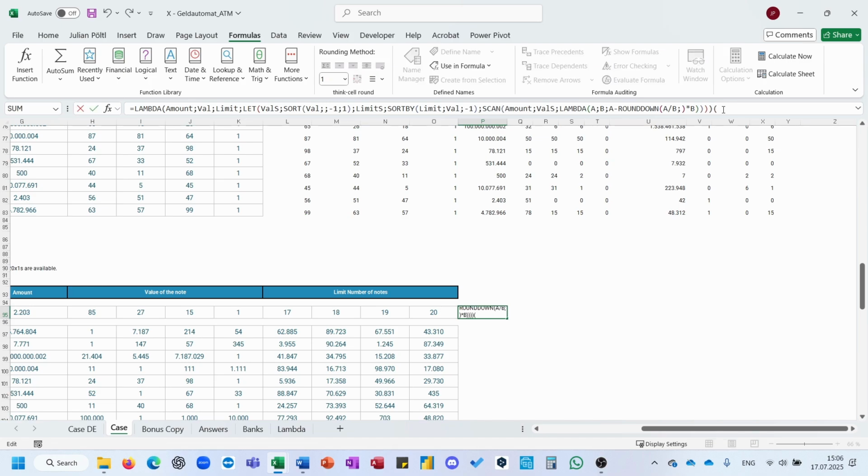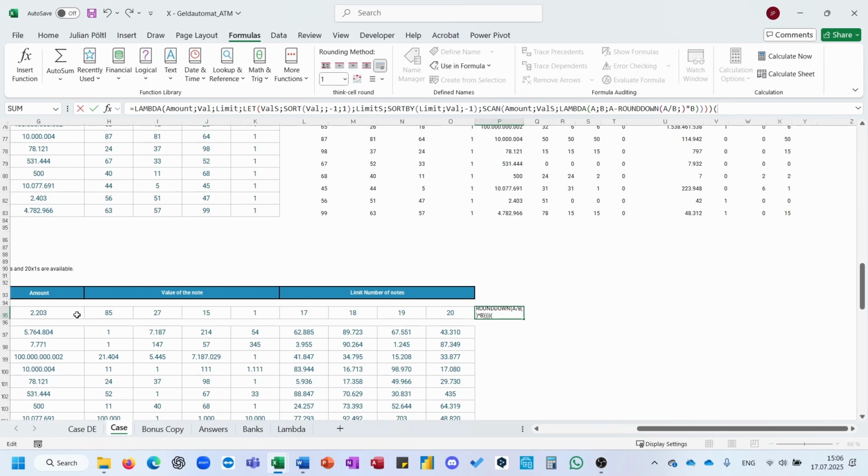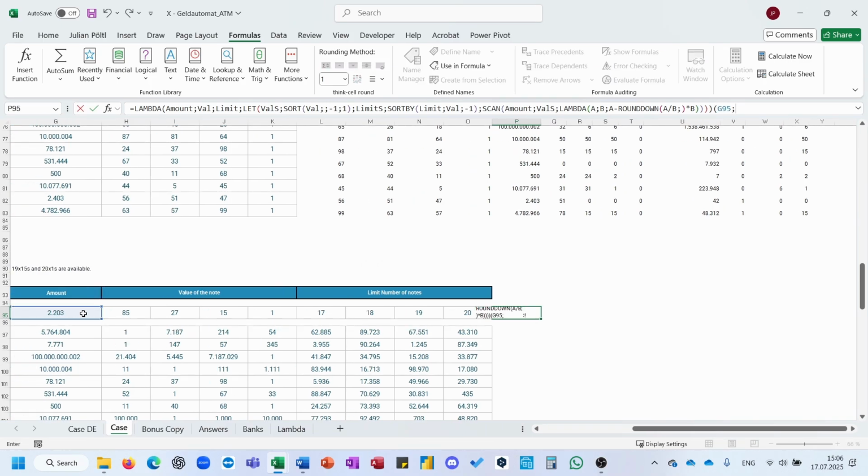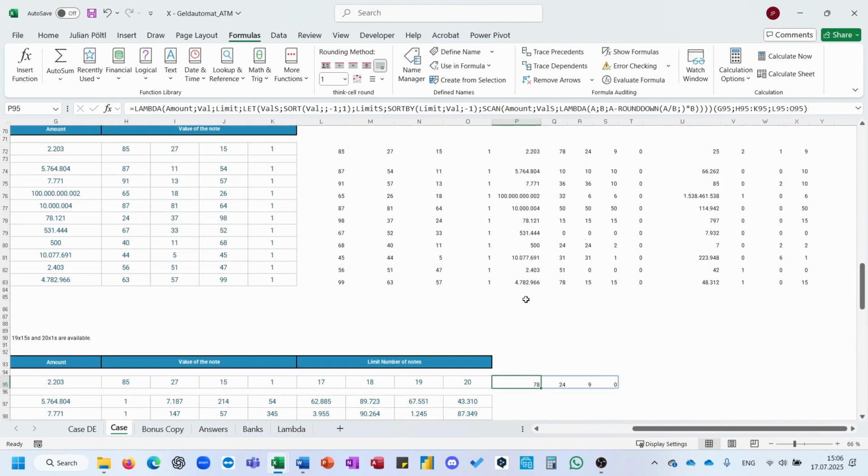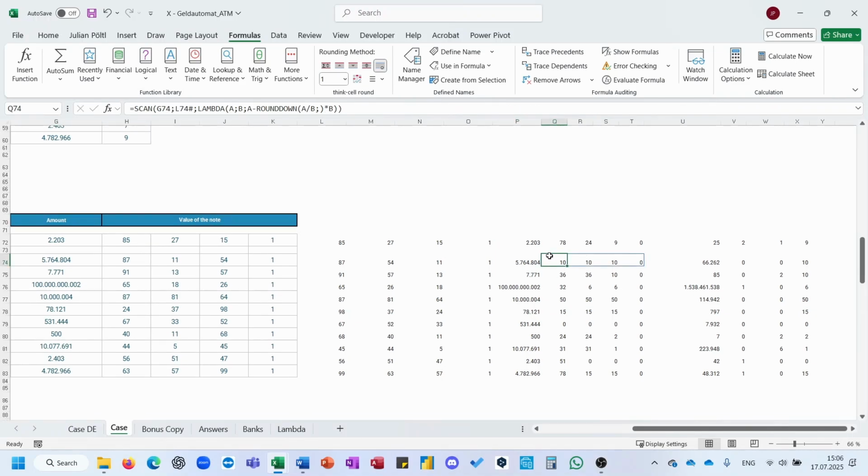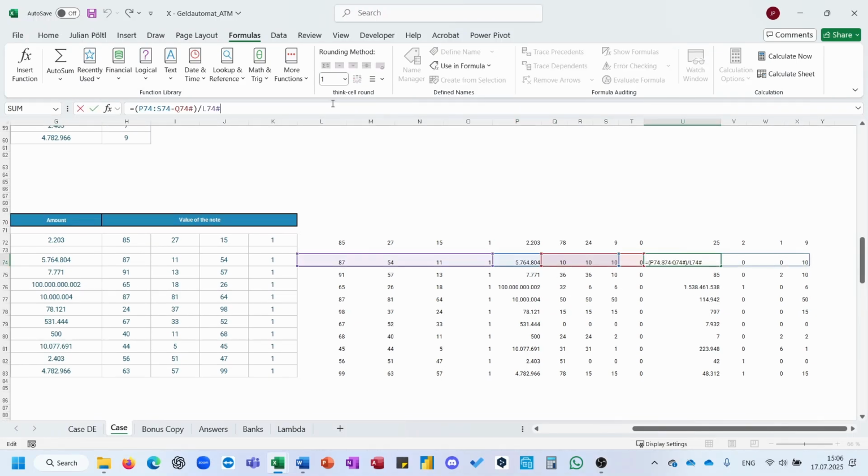And I get here nothing because I don't have any inputs. Can also give it the limit, although I don't have it. But here we have this here. Now I take the amount plus drop of the scan minus the scan and divide it by those numbers here.